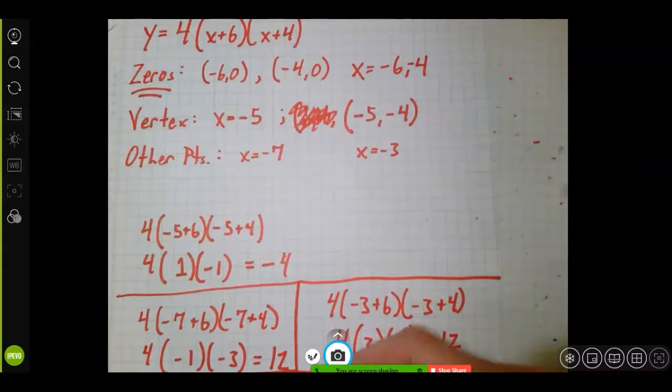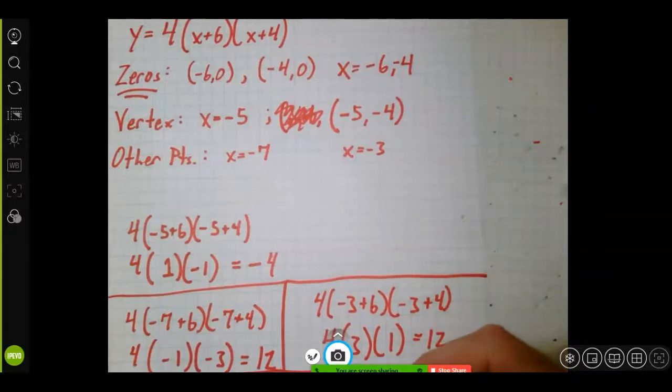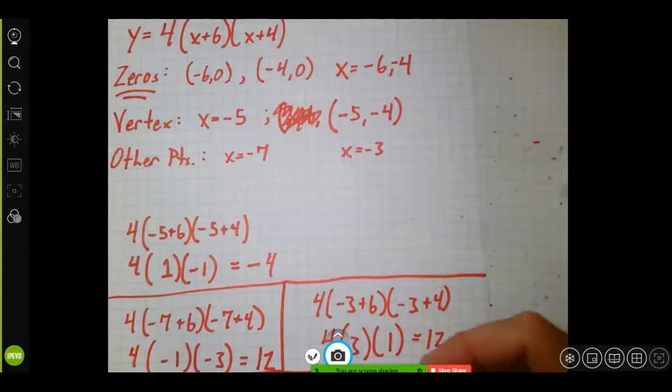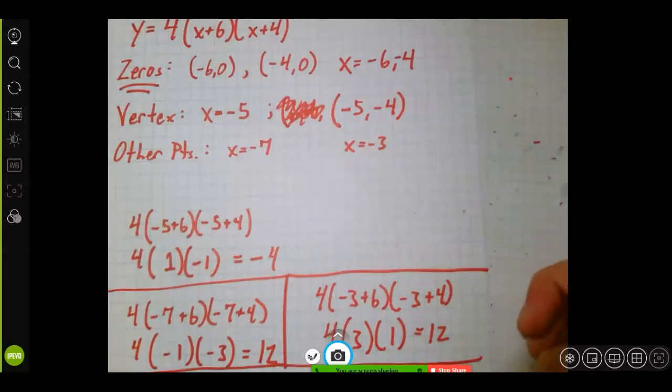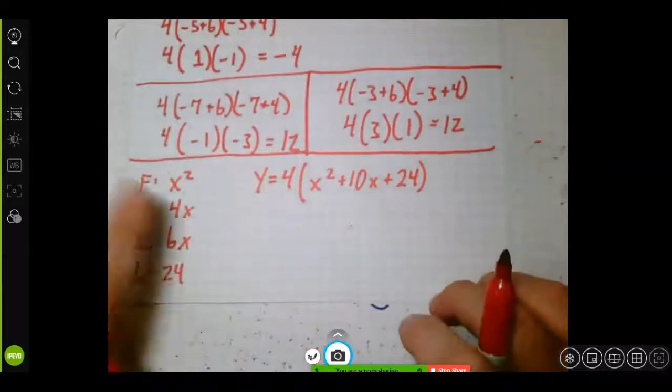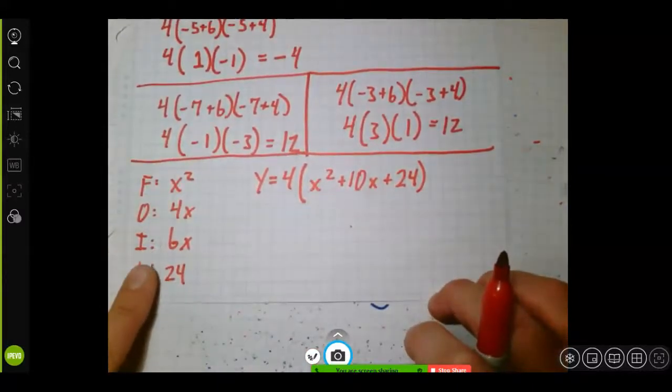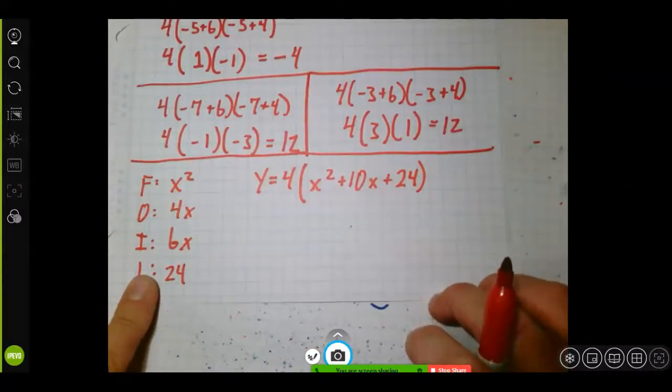I'm intentionally pulling this down where you guys can't see it. So when I FOIL it, I got x squared, 4x, 6x, and 24, and I know we're about out of time.